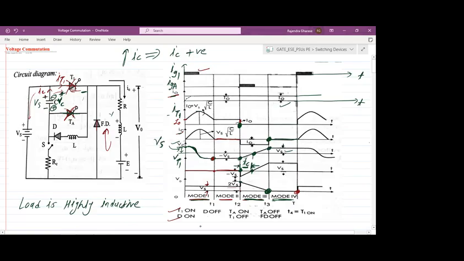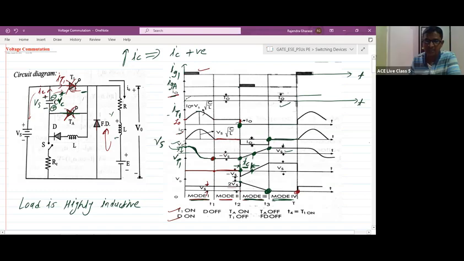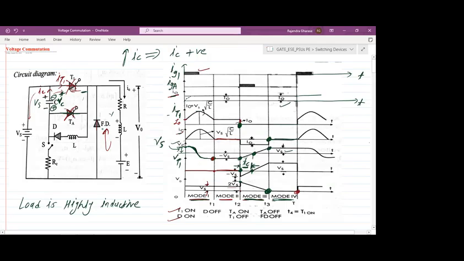But the capacitor is discharging through the L, and at that time the inductor will be charged. Then how can the capacitor charge to the VS? I did not understand. When the capacitor discharges, the freewheeling diode will be off, correct? After that the capacitor discharges to the inductor, and at that time the freewheeling diode is on.